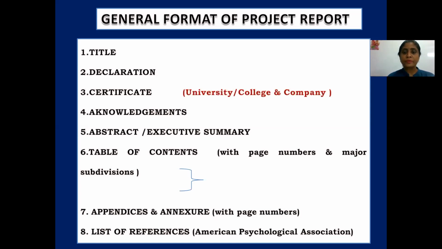Appendix means addition of information. It adds value to your content, whatever you're going to write in the introduction part. Annexure is supplementary material you're going to submit along with the project report.